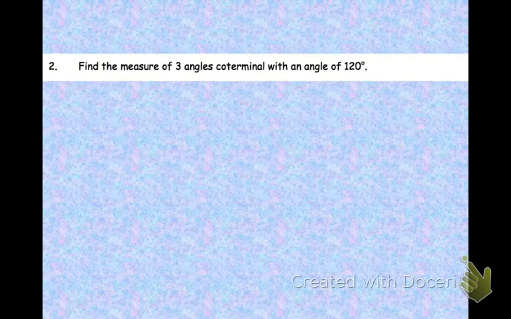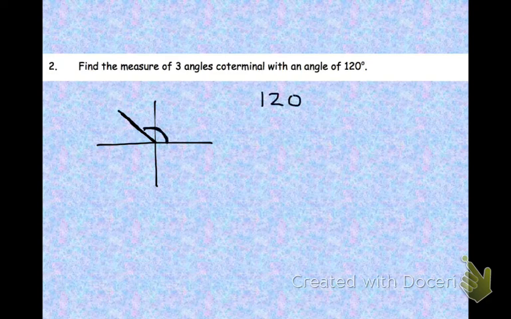If we want to find the measure of three angles coterminal with 120 degrees, that's actually super easy. There's a bunch of ways to do it. So let's start off with 120 degrees, which is right in here somewhere. So we know this, the black part here, is 120. Well, if we want to find a coterminal side, we can add 360 on. So we end up back here.